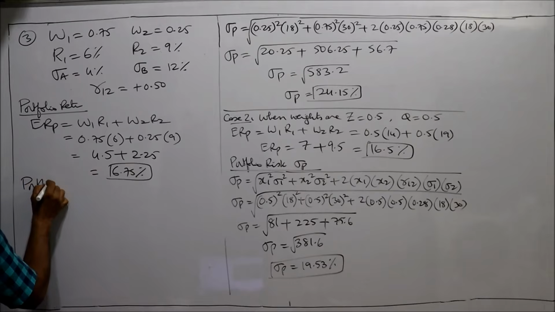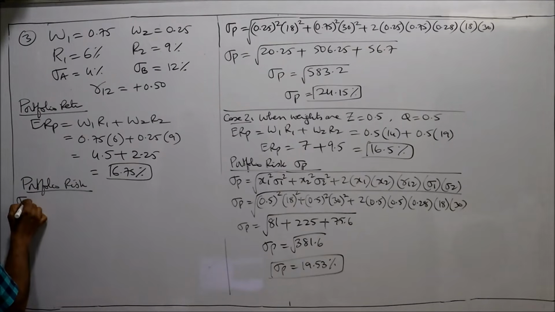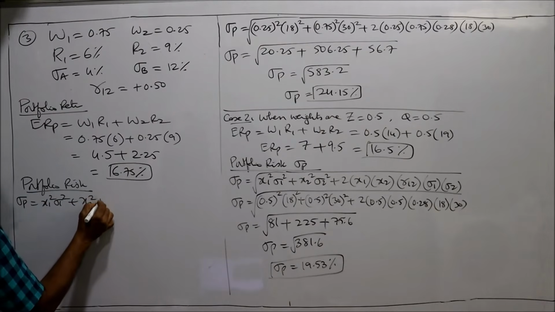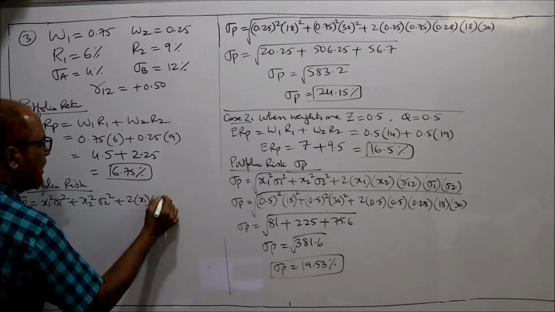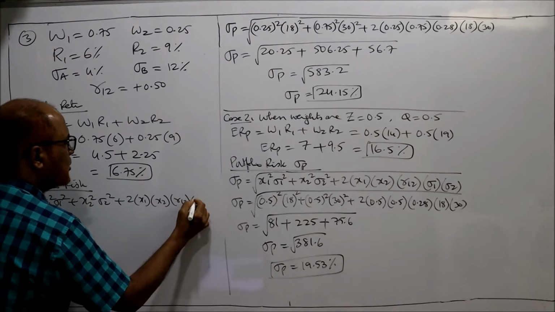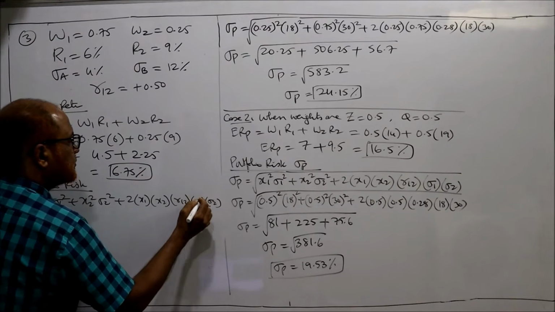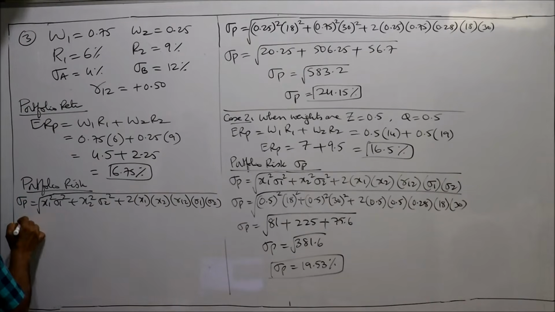Now easily we can find out portfolio risk. That is sigma P is equal to the square root of x1 square sigma 1 square plus x2 square sigma 2 square plus 2 into x1 into x2 into r12 into sigma 1 into sigma 2. So sigma P is equal to, x1 stands for weight.